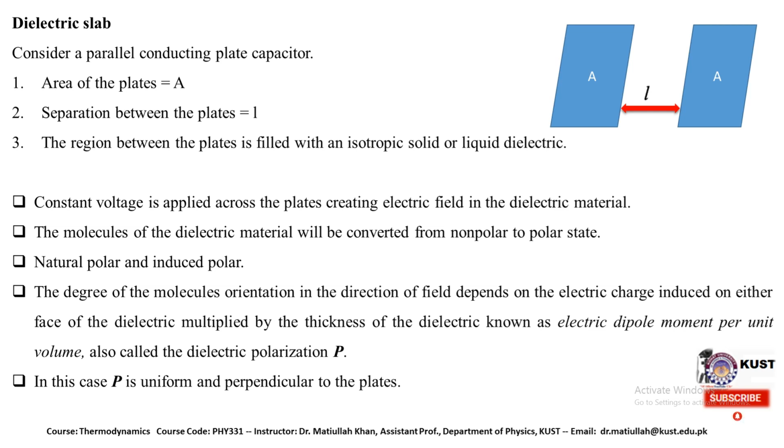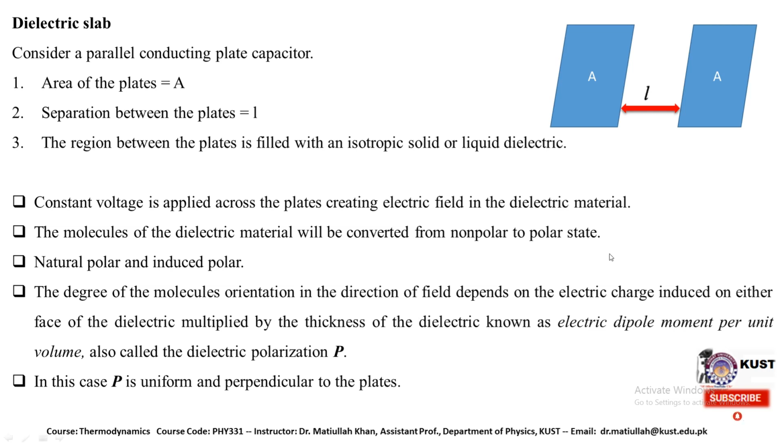So if you want to find out the polarization in this case, then it can be measured. It is actually the degree of the molecule orientation in the direction of field, and it actually depends upon the electric charge induced on either face of the dielectric material multiplied by the thickness of the dielectric, and it is known as the electric dipole moment per unit volume, and the electric dipole moment per unit volume is called the polarization.